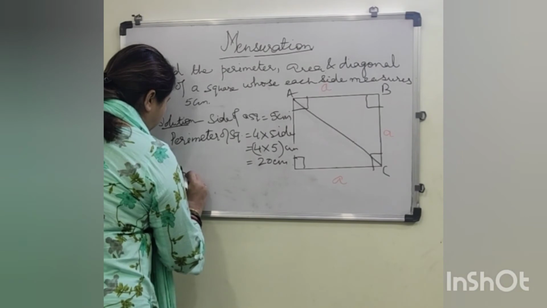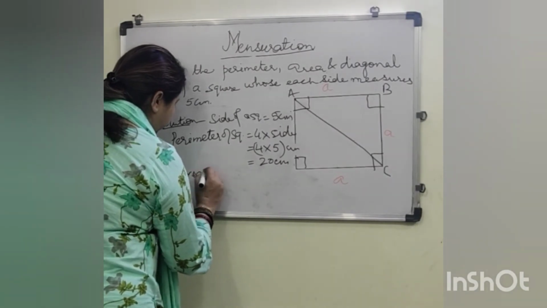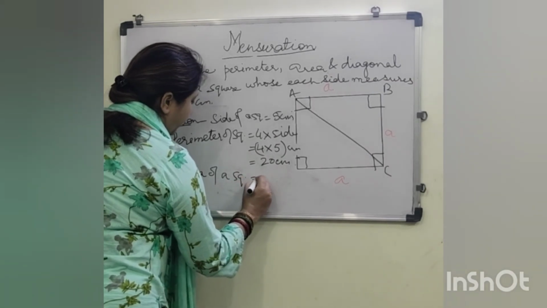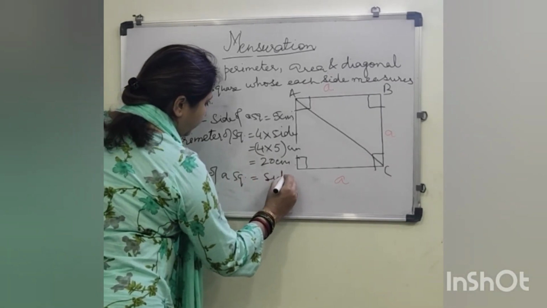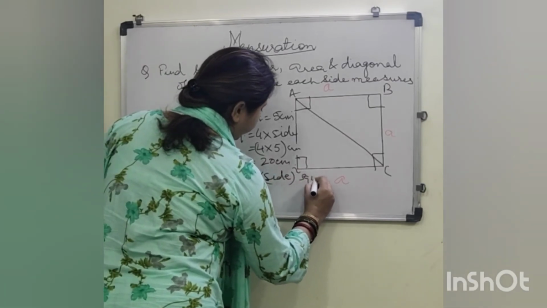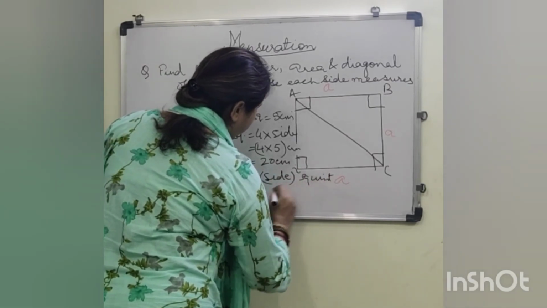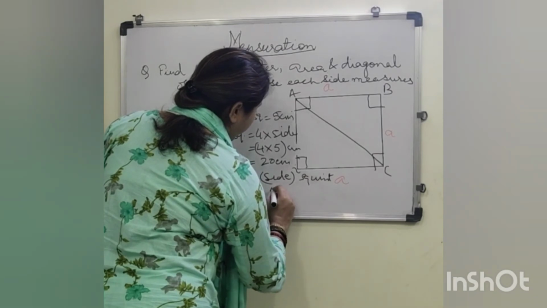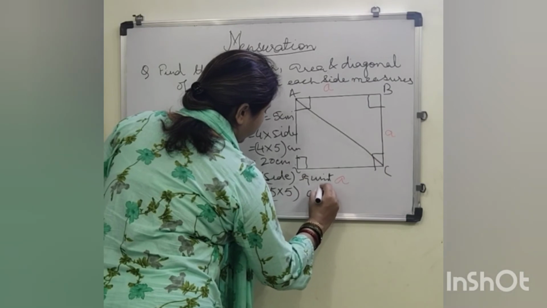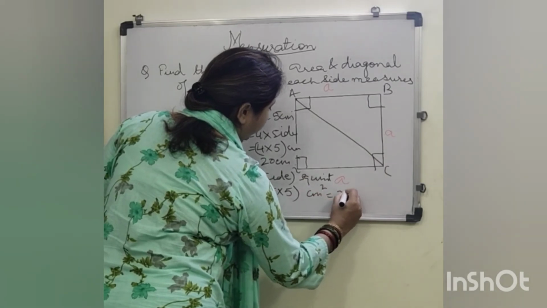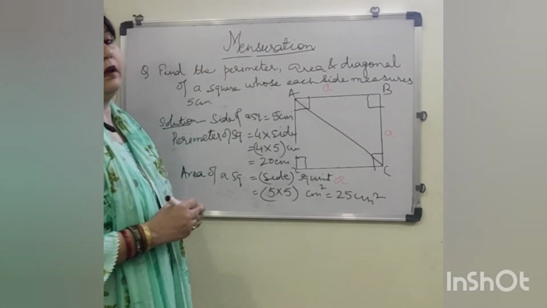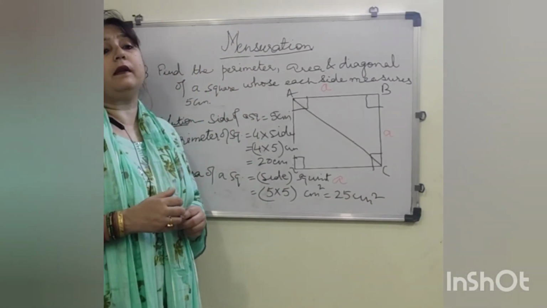Area of a square is equal to side square, square unit, that is 5 into 5 centimeter square, which is 25 centimeter square. Two things we have found.